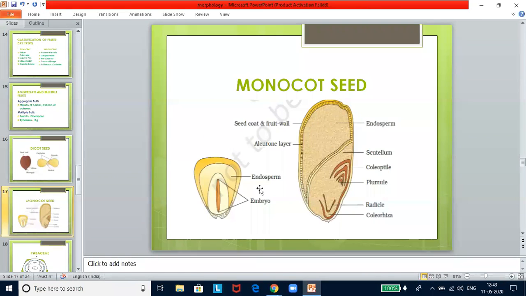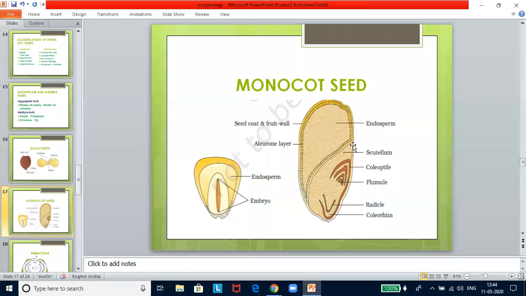Now monocot seed. If you look at this, seed coat is membranous and it is fused with the fruit wall. This is the endosperm, and it is bulky and stores the food. The outer covering of the endosperm is called the aleurone layer, which separates the embryo from the endosperm by a protein, and this structure is called the embryo.